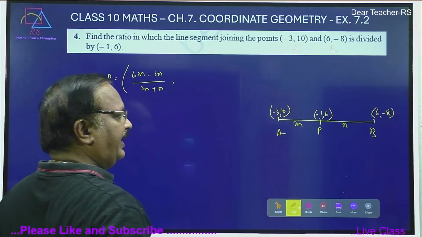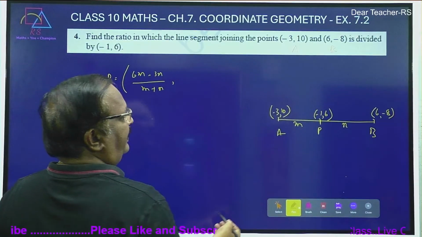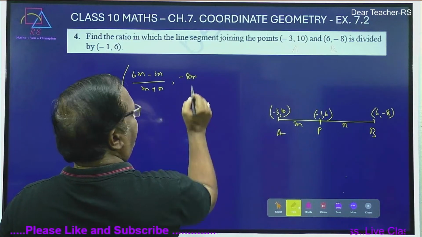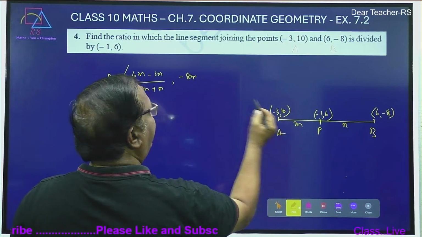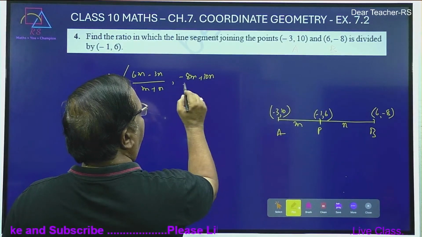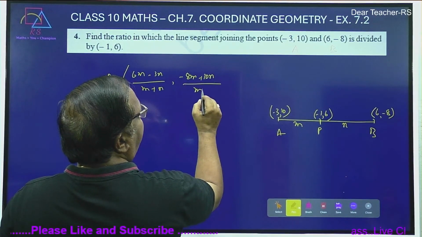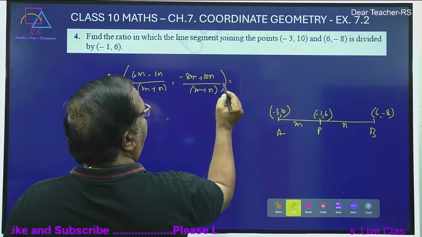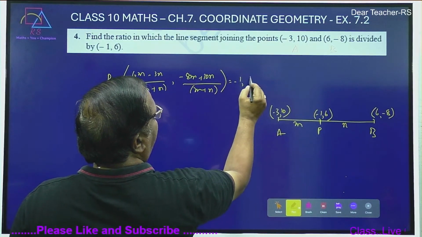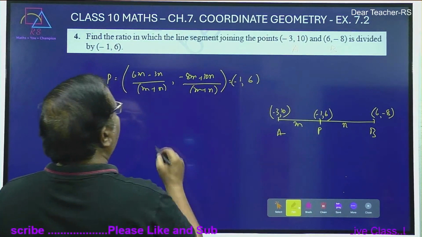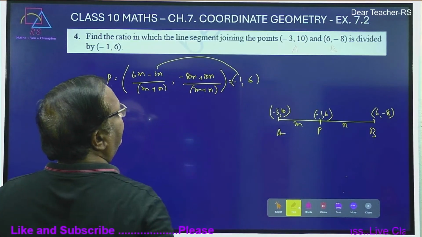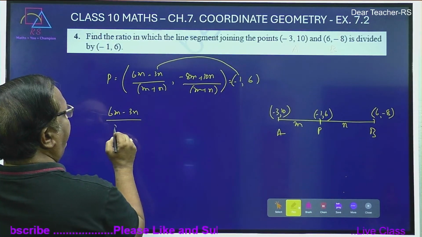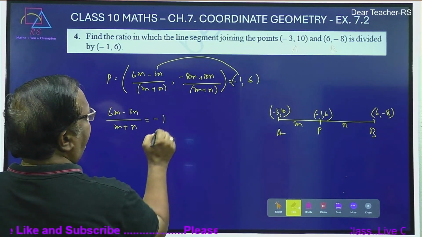Okay, next y coordinate, m into minus 8, minus 8m, n into 10, 10n by m plus n, which is equal to P which is already given, minus 1, 6. So now you take this, equate it. So 6m minus 3n by m plus n is equal to minus 1.